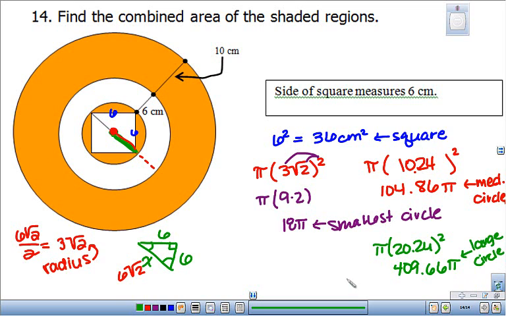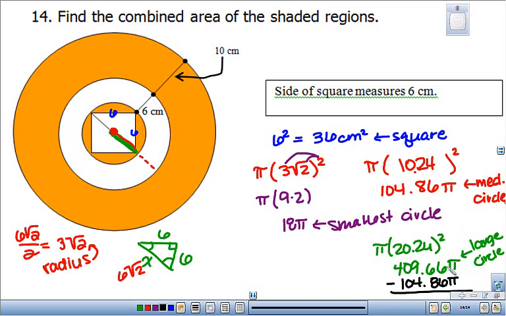So what they're asking for is the combined shaded area, so these two orange sections. Well, this outer one is going to be the largest circle minus the medium circle. I'm sorry, I was saying square. So my largest circle was 409.66 pi. My medium circle was 104.86 pi.